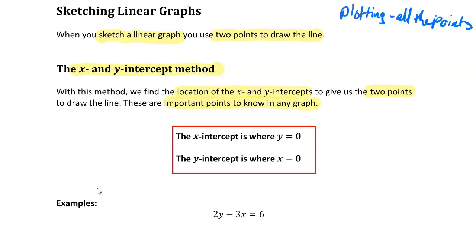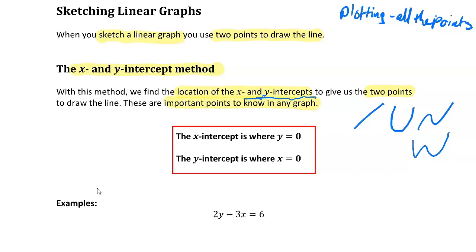So usually when we're sketching any type of graph, be it our linear graph, our quadratic, which is a parabola, a cubic, or a quartic, sorry, knowing those intercepts is hugely important.